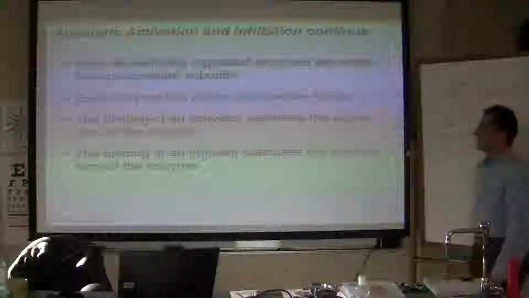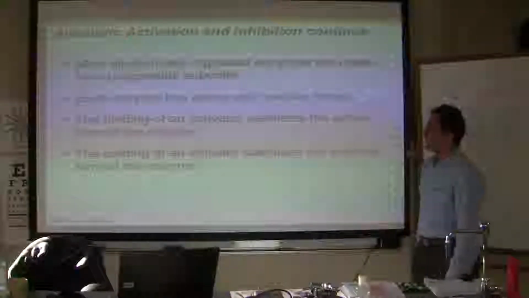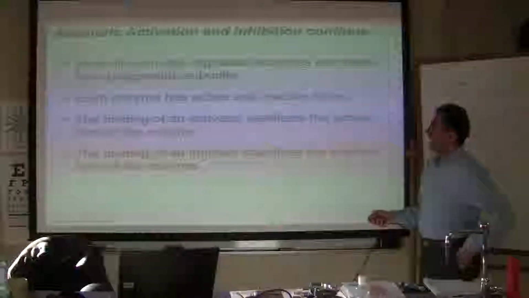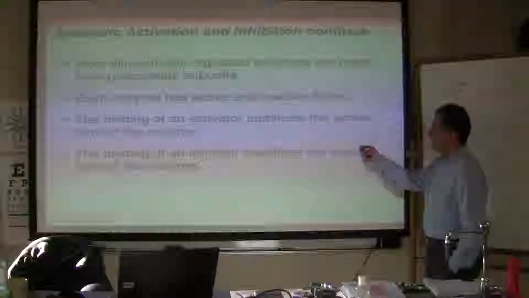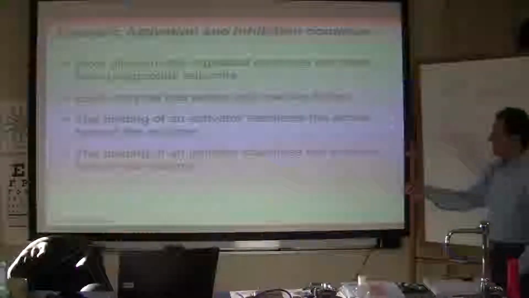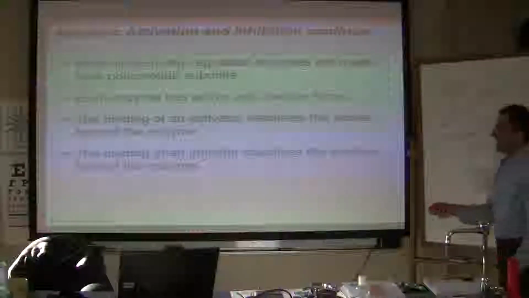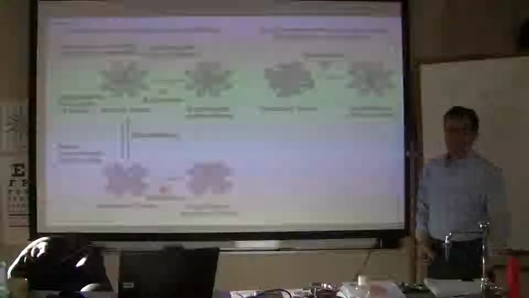There is more about allosteric activation or inhibition. Most allosterically regulated enzymes are made from polypeptide subunits. Each enzyme has active and inactive forms. Of course, you know this statement. The binding of an activator stabilizes the active form of the enzyme. The binding of an inhibitor stabilizes the inactive form of the enzyme, right here.